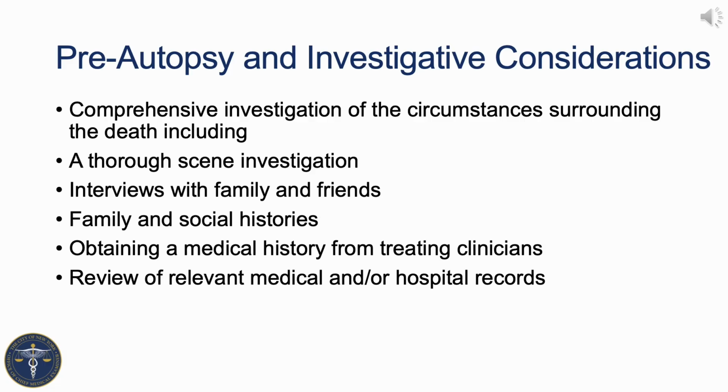Performing a comprehensive investigation into the circumstances surrounding a death, including a thorough scene investigation, interviews with family and friends, family and social histories, obtaining a medical history from treating clinicians when applicable, and reviewing relevant medical and/or hospital records can provide the pathologist with a plethora of information that can allow them to develop a differential before coming into the autopsy room. And this differential can help guide the molecular genetic testing if needed.